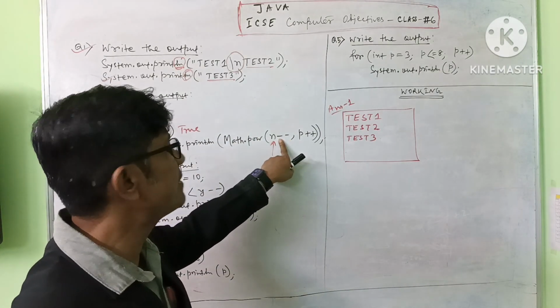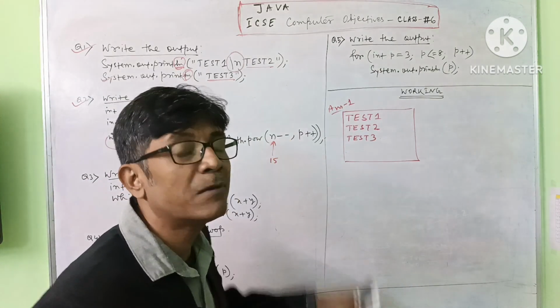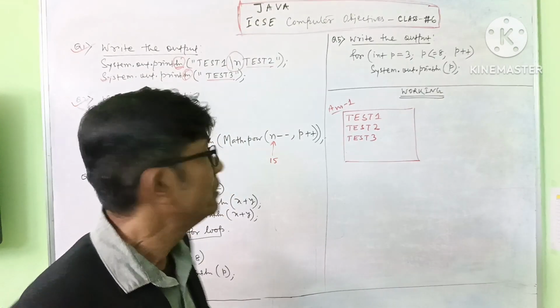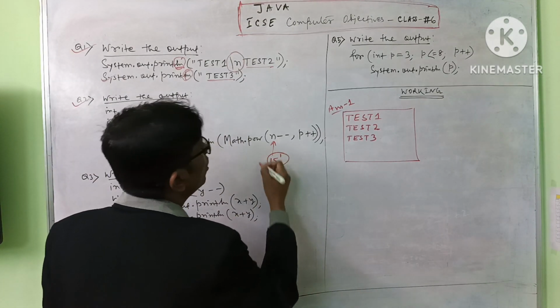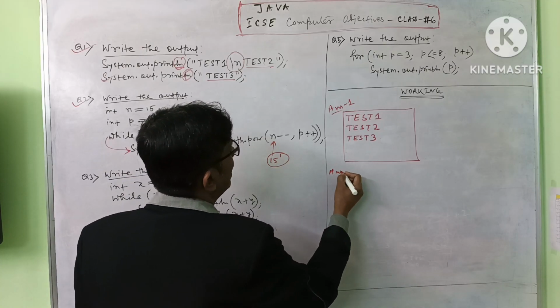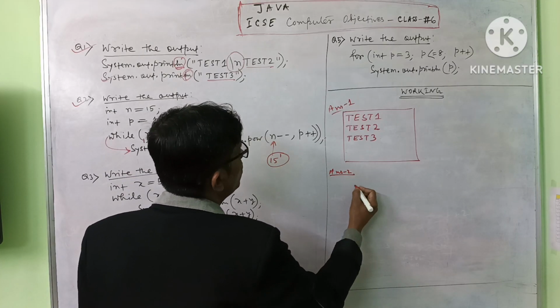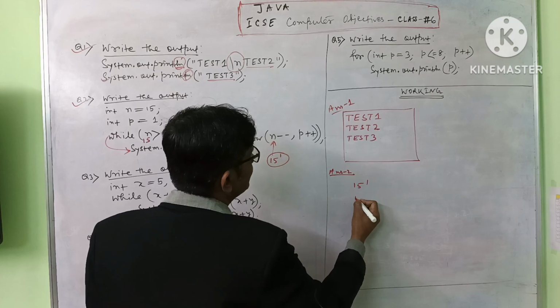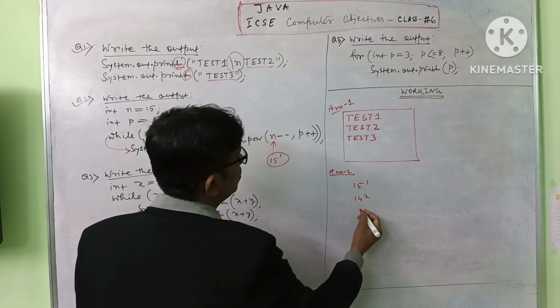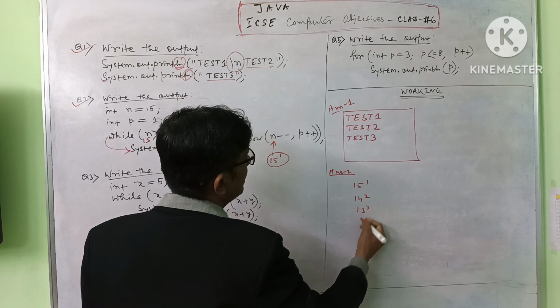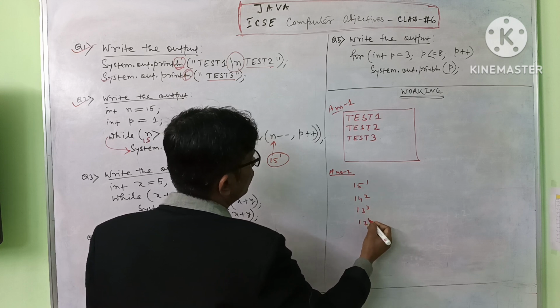Both are post: this is minus, this is plus, but it is post. So taking this value, 15's power 1 is the answer. Then 14's power 2, then 13's power 3, then 12's power 4.